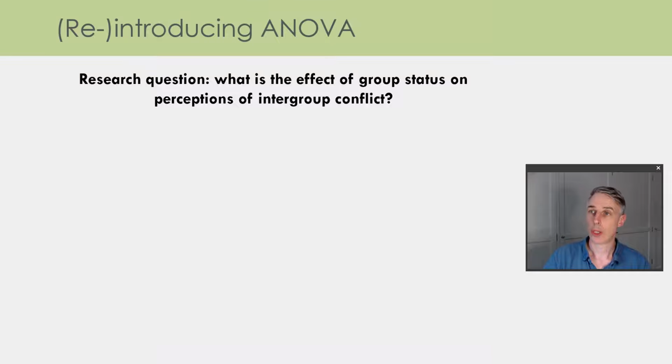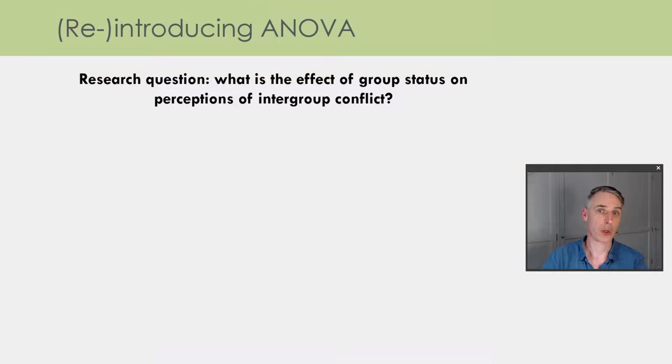So in relation to analysis of variance, I'm going to start with a research question that actually relates to my own research interests. Specifically, what is the effect of group status on perceptions of conflict between groups? So when might we perceive a group that we belong to as being in conflict with another group that we don't belong to? One answer might be it depends on the relative status of our group.